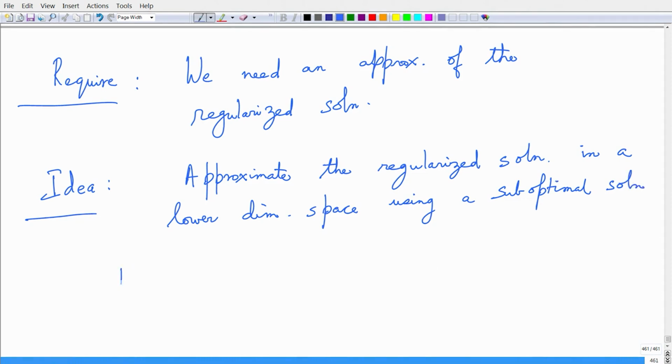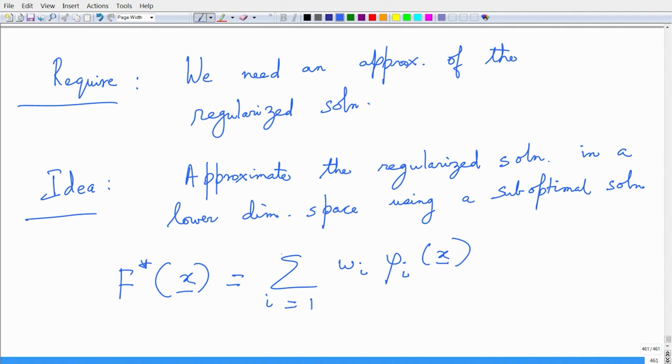What this means is I want f star of x expressed as a linear combination of my basis, which is a new set of basis given by phi i acting on x. It is a linear combination, but I have a far fewer set of bases in an M1 dimensional space where I am approximating this function.